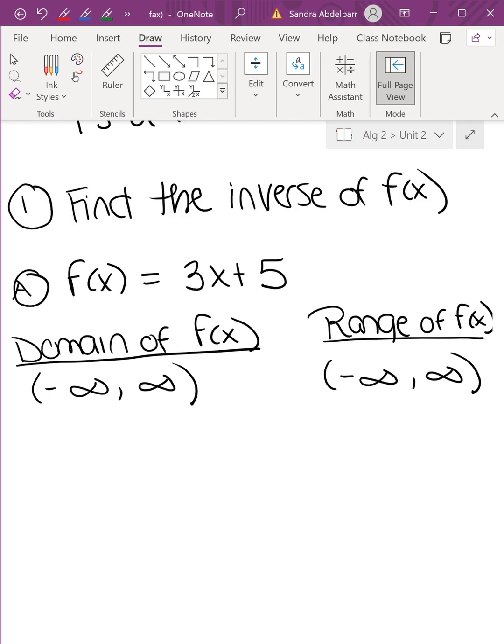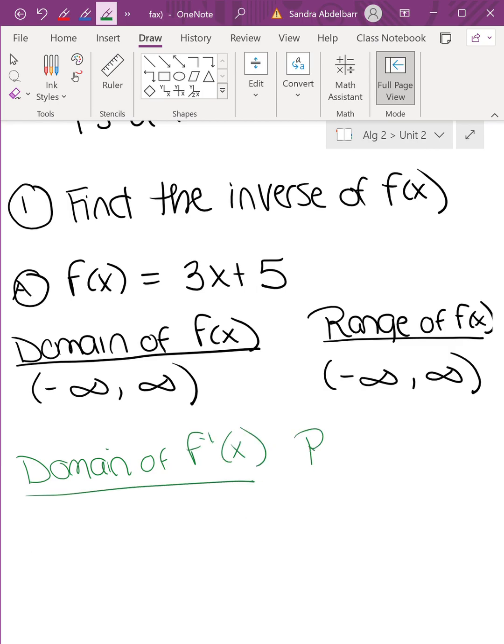Okay, so now before we figure out the inverse, we need to determine the domain and range of the inverse because that is going to determine how things look. So now let's find the domain of the inverse and the range of the inverse.